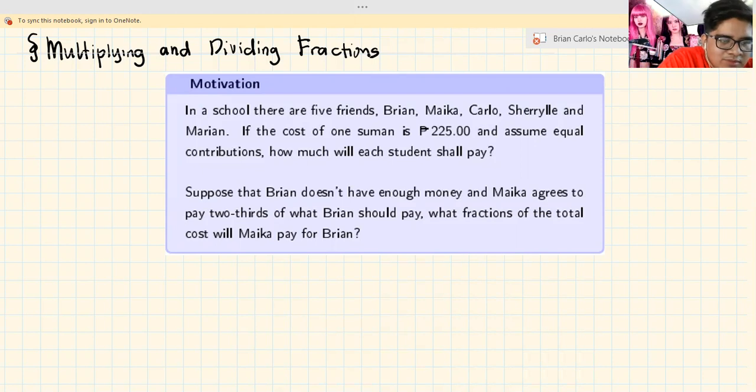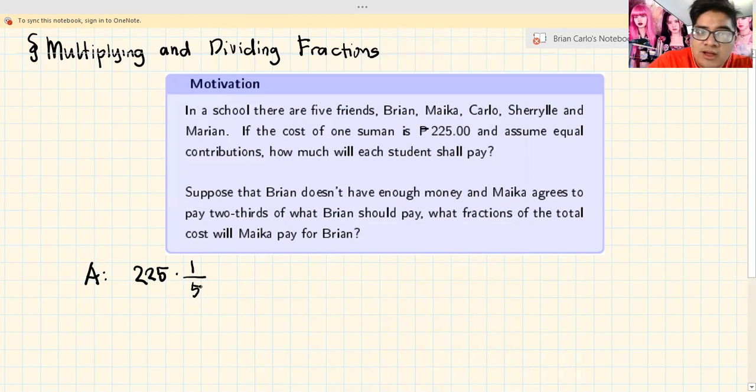Ayun. To attempt this, di ba, ang ginagawa natin as students, kung ilan tayo, i-divide natin dun sa presyo. So, usually what we'll do is 225 i-multiply natin sa 1/5. Or kumbaga, this is 225/5. And if we plug this in a calculator, this is equal to 45.